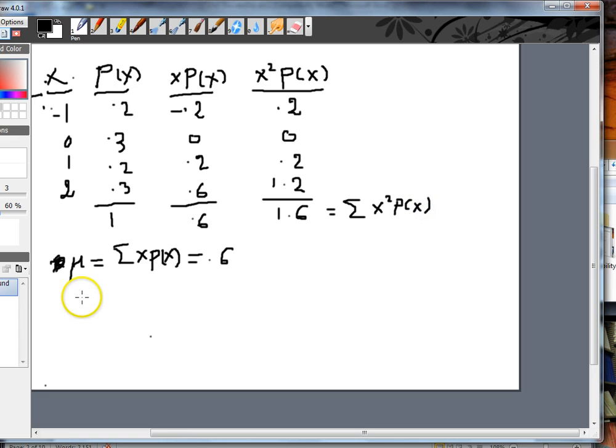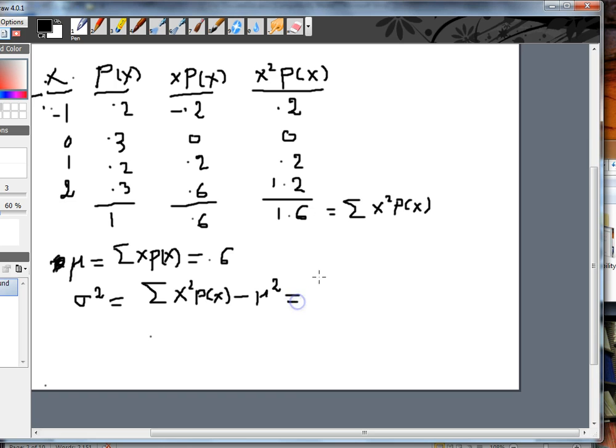So if I want to find the variance here, sigma square, I'm going to use the computational formula: the sum of x squared times p of x minus mu square.